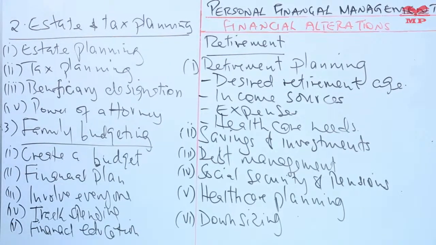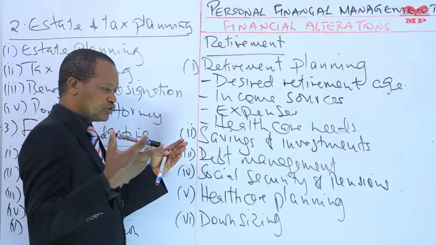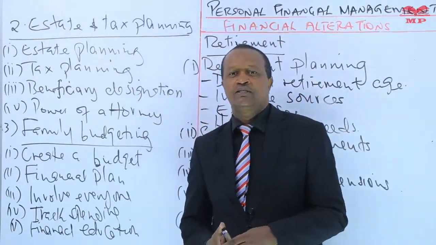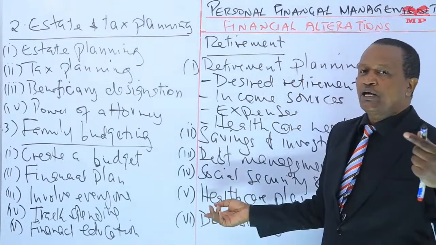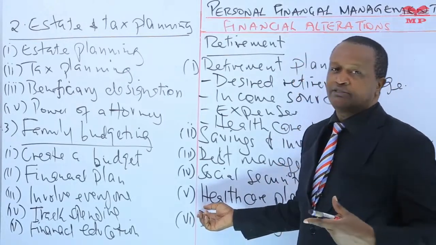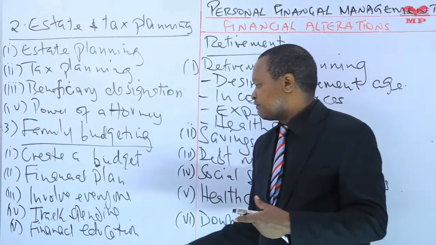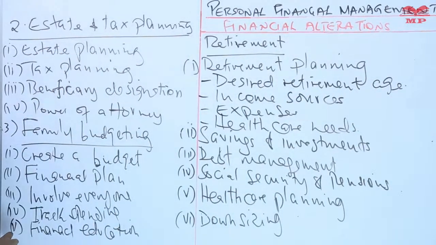In personal financial management it is also necessary to educate family members, including the children, about personal finances and responsible money management. Financial education. Then lastly, we have emergency fund.